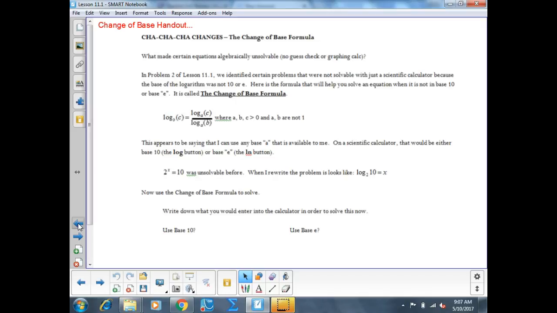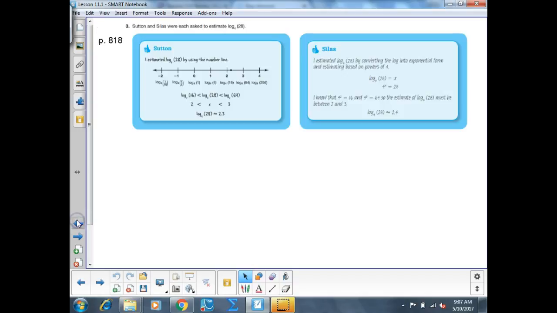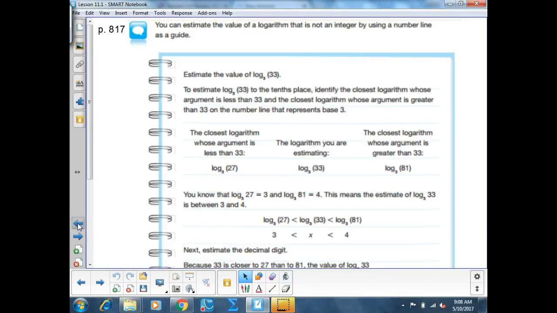So yesterday we were evaluating logs and estimating what the value of that log was. The big example that we started with was log base 3 of 33.